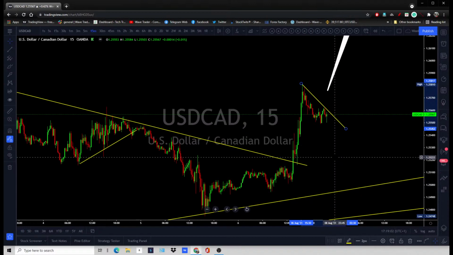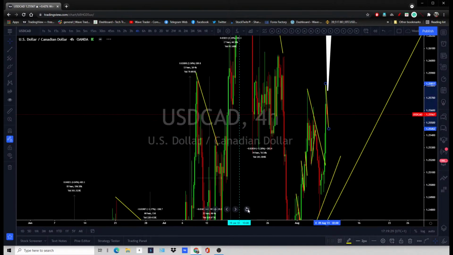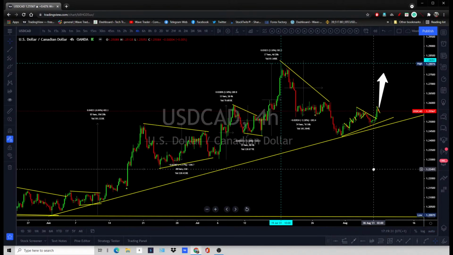The dollar got strength against the euro, against gold, against silver. But we haven't seen strength on the dollar against the pound, against the CAD, or against the Kiwi. I'm talking about the major pairs, or we can say the Chinese yuan. So they still can catch the move. We still can see the strength against the dollar on these pairs, which are still strong against the dollar.